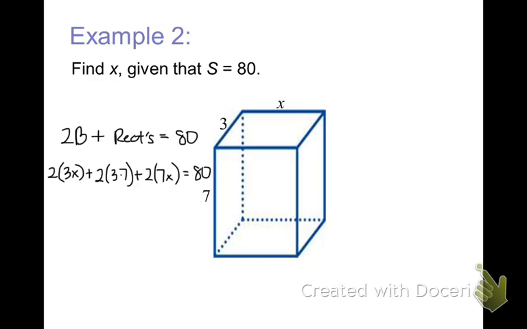So I get 6x plus 42 once I multiply all that out, plus 14x equals 80. 6x plus 14x is 20x. 80 minus the 42 is 38. And if you divide by 20, you will get x is 1.9. And then you have found exactly what you want to.